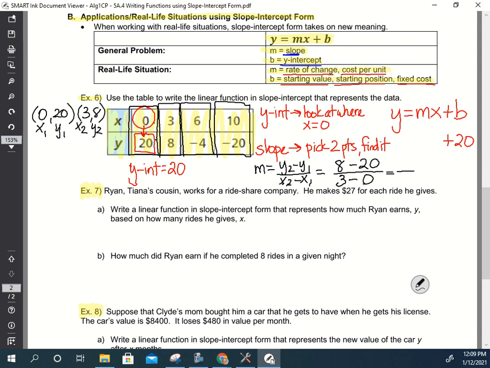Well, great job, Sydney and Cyrus. 3 minus 0 is 3. So negative 12 divided by 3 is what?